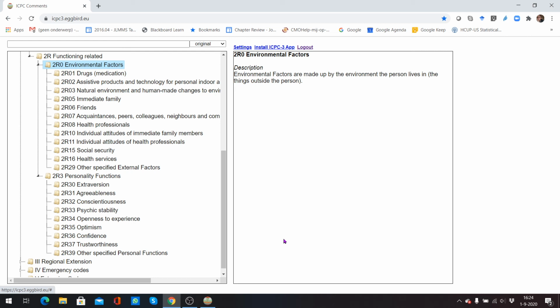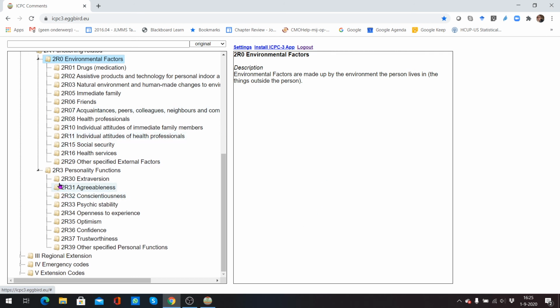Some classes in this chapter overlap with class names in the symptom, complaints, and abnormal findings component. These class names, such as dizziness, refer to the same phenomenon, but have a different purpose or play a different role. For instance, dizziness as a problem in a function, 2F83, so let's go back.